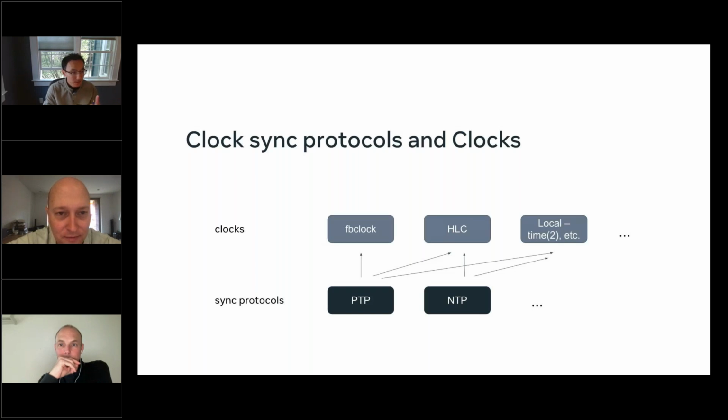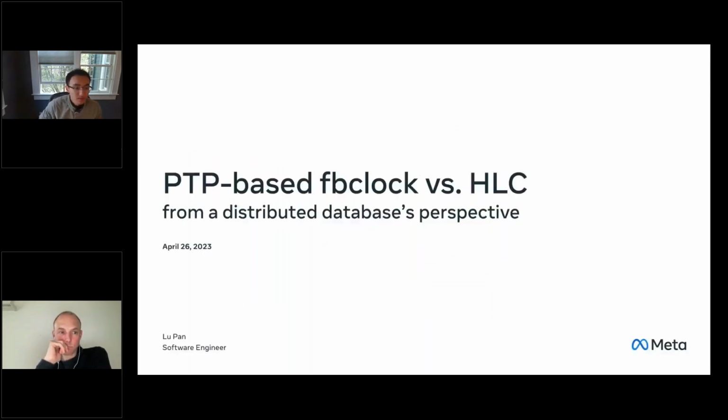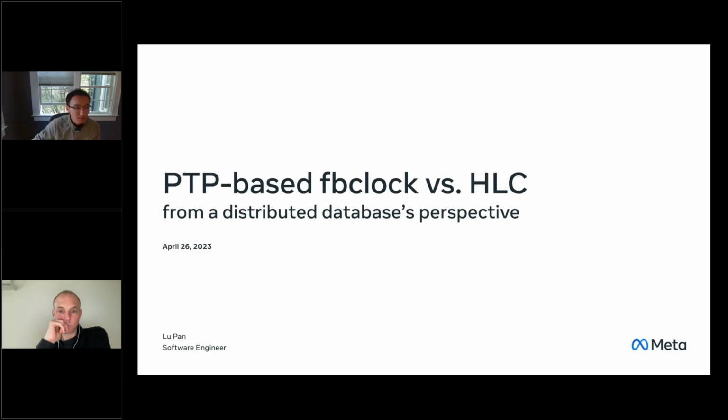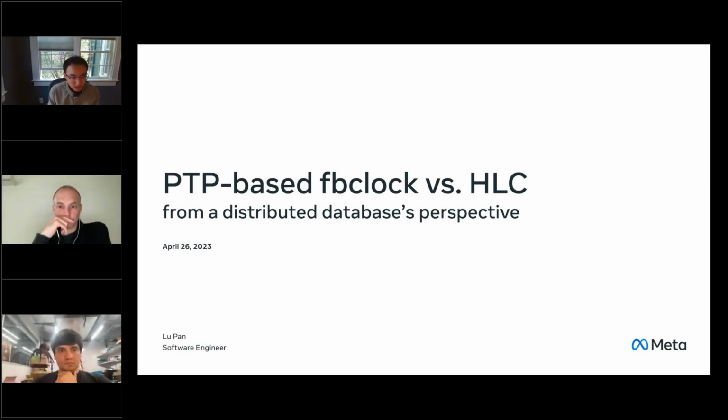All right, thank you, folks. Can you guys hear me just fine? Yes. All right, cool. So I'll start here. Hey guys, my name is Lu from Meta, and I've been at Meta for over 7 years, working on large distributed systems like TAO, which you might have heard of, which powers the social graph at Facebook and Instagram, WhatsApp, Oculus, and so on.